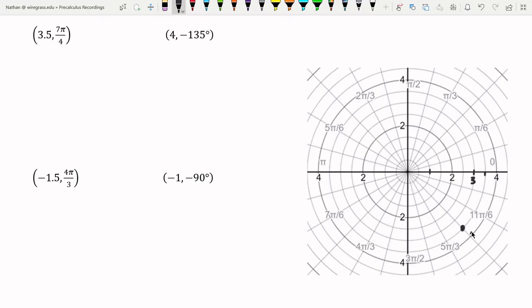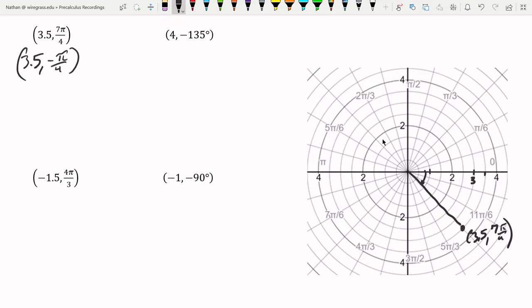This is, once again, (3.5, 7 pi over 4). A point that's equivalent to this would be (3.5, negative pi over 4). So instead of going in the forward direction, now we're going in the opposite direction, going down to here. This is negative pi over 4, and 3.5 out.